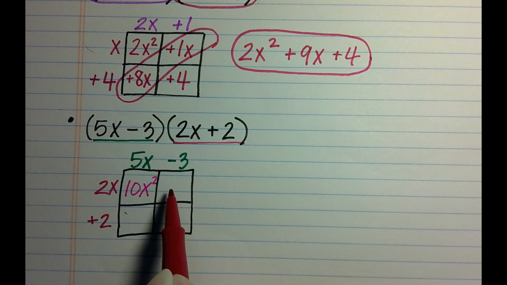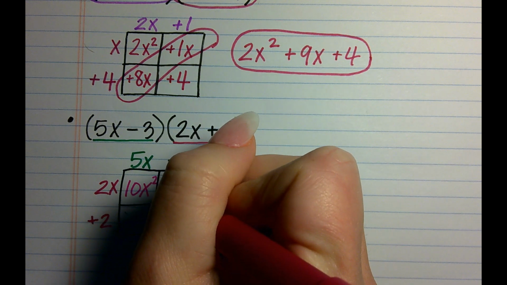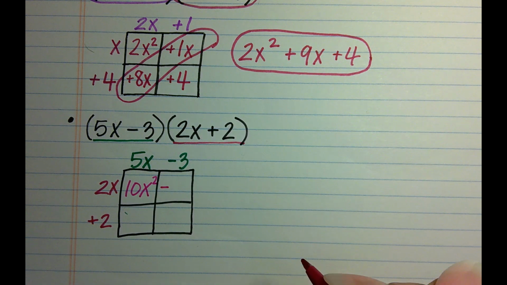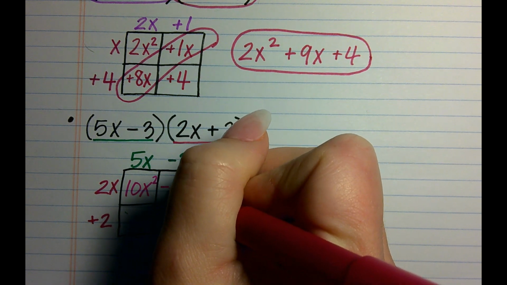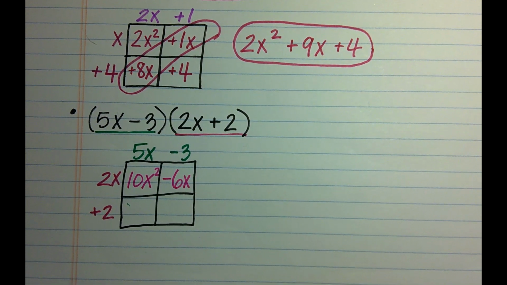Now, what do I multiply for my second box here? Negative 3 times 2x. Good. What does that give us? Negative 6x. Good. All right.